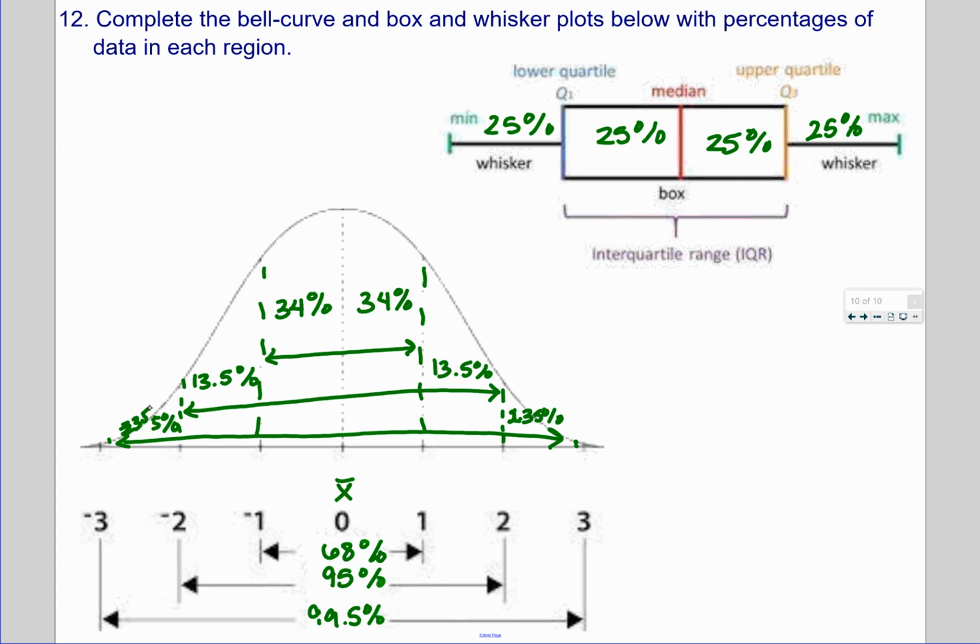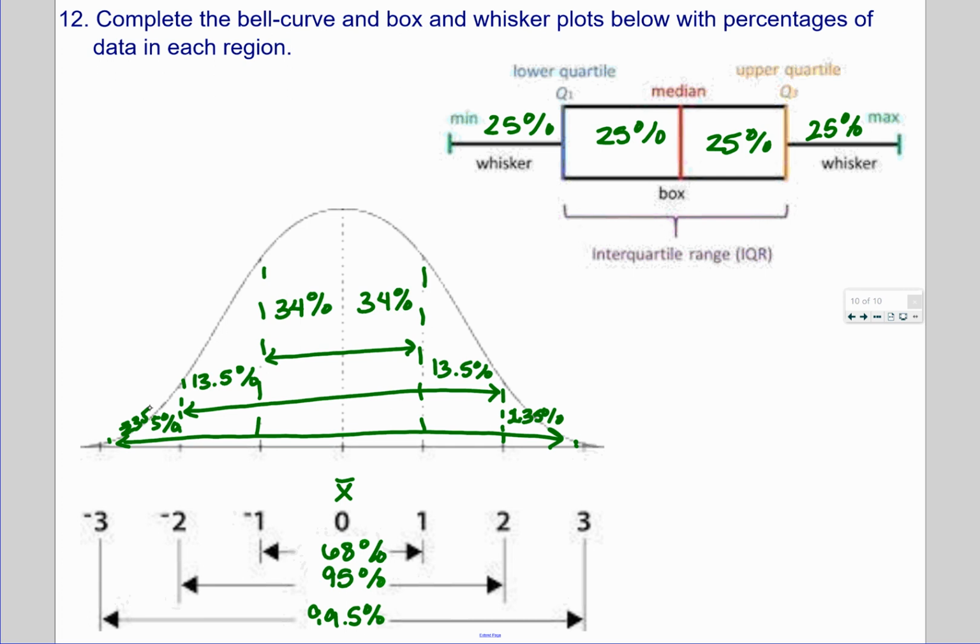All right. So if you were asked a question about what percent of the data is above a value that is at 1 standard deviation to the right, I want to know what percent is above this value. Well, from my mean to the right, what percent is located there? From the mean to everything to the right, it's the mean, so it's 50%.